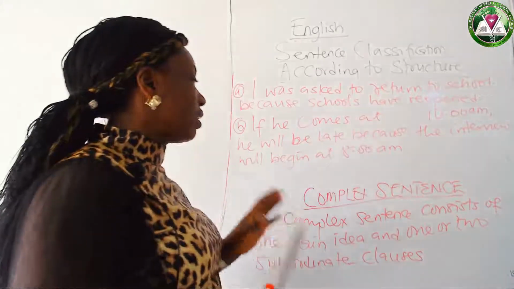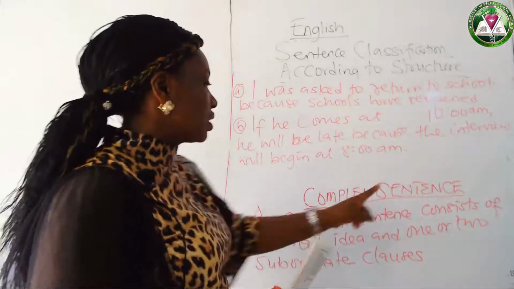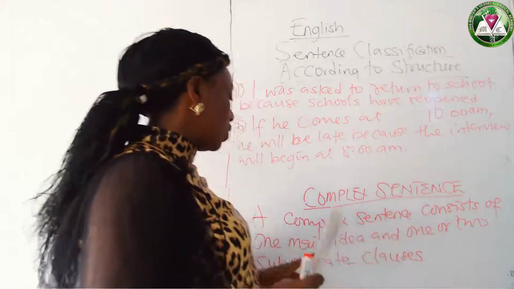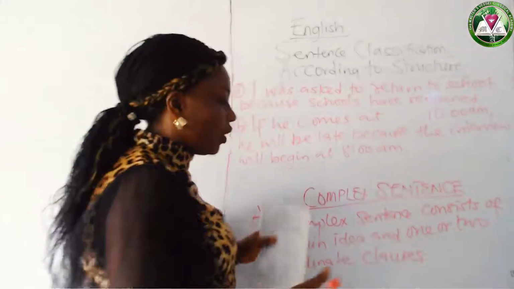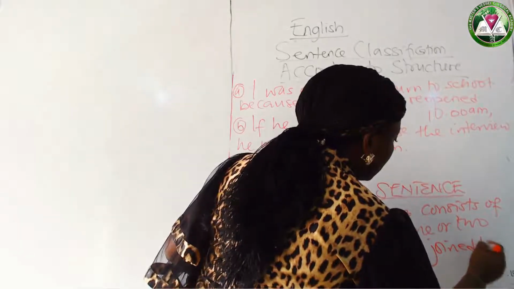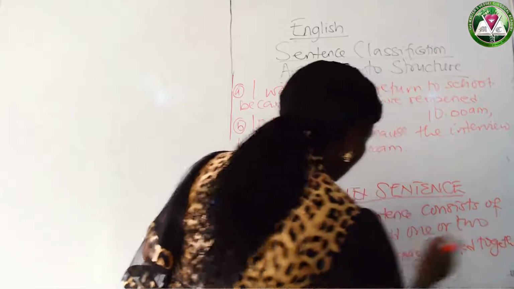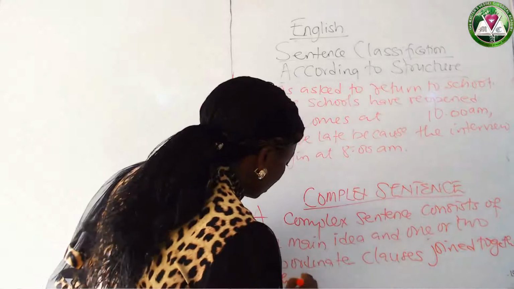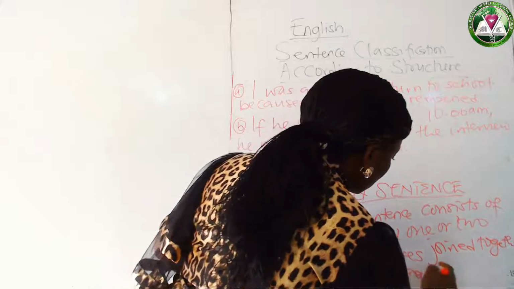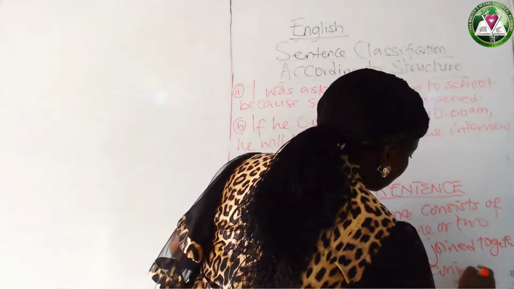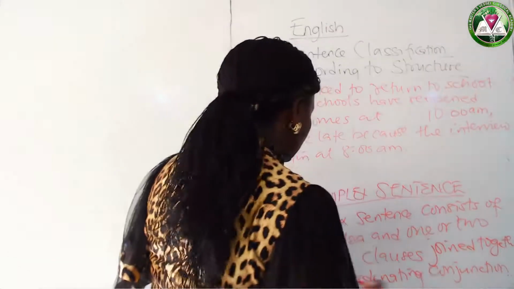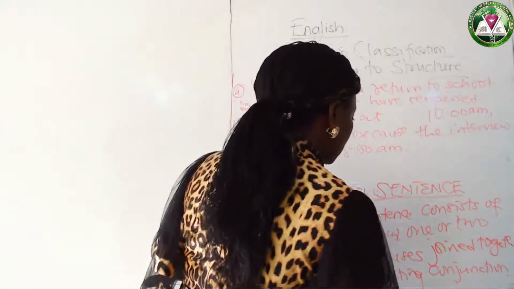So that means a complex sentence consists of one main idea or clause, then one or two subordinate clauses, joined together with subordinating conjunctions.